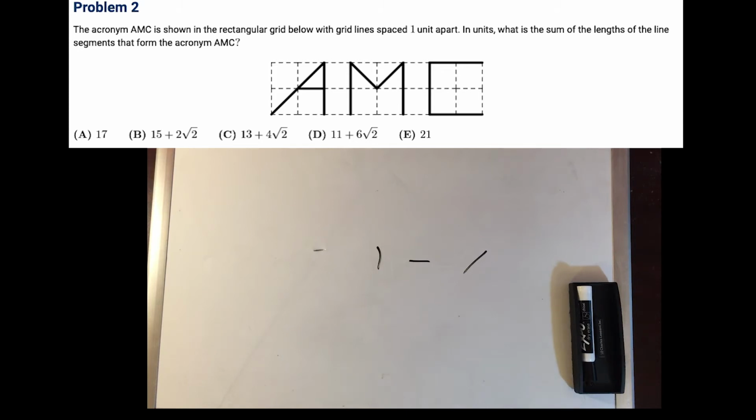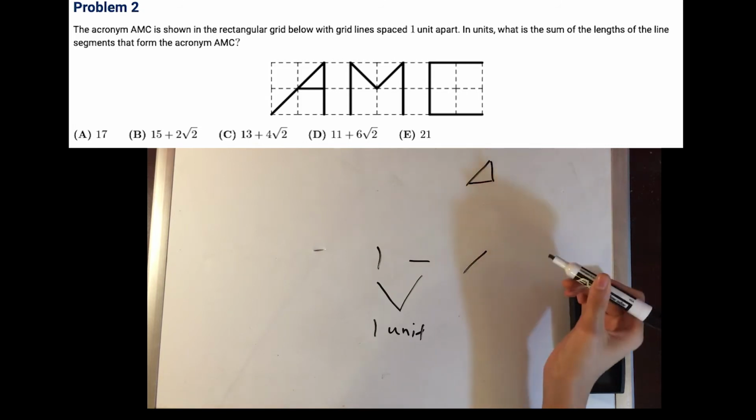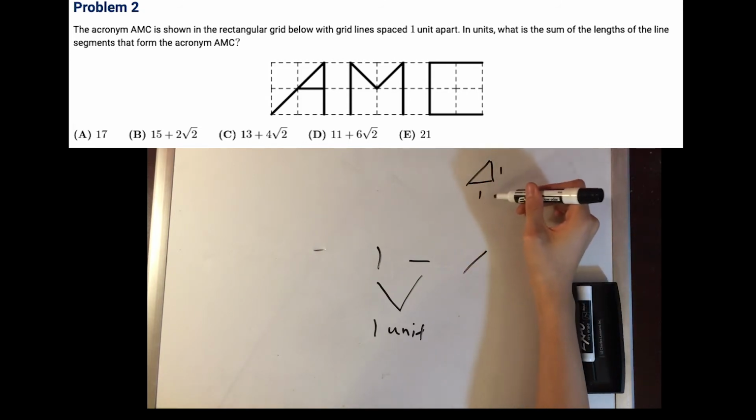So it tells us that the grid lines are spaced 1 unit apart. If the grid lines are spaced 1 unit apart, the horizontal and vertical lines must be 1 unit of length, and that's because they're on the grid lines. Now, the diagonal lines are not going to be 1 unit long because they're formed by a vertical and horizontal line, which are 1 unit long, right?